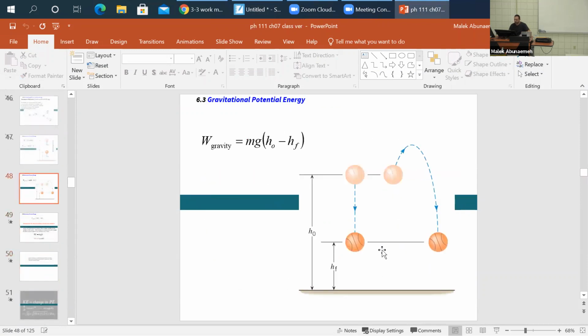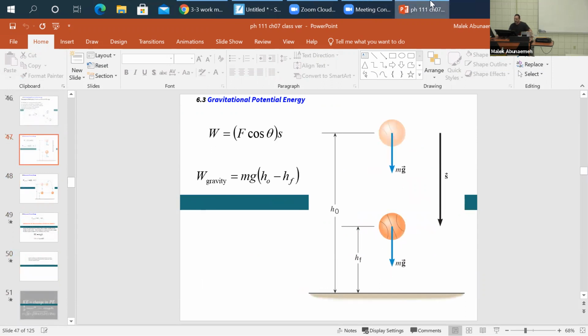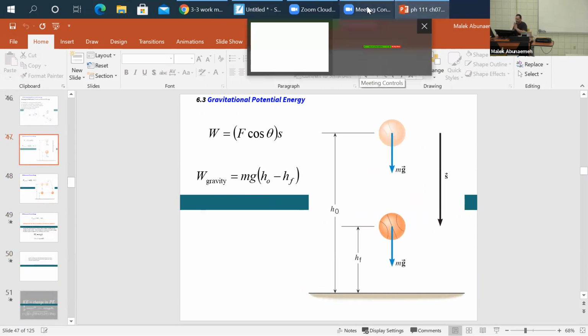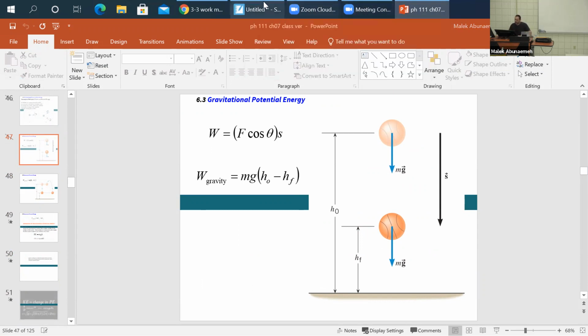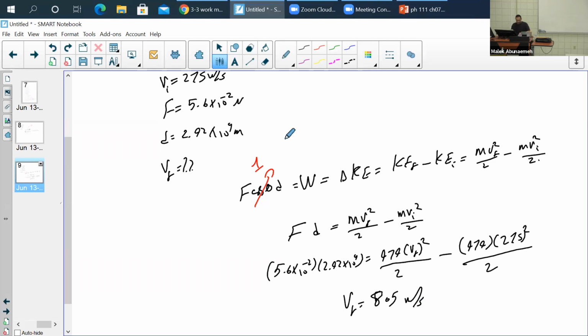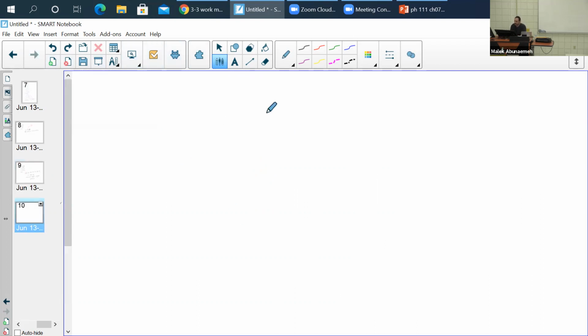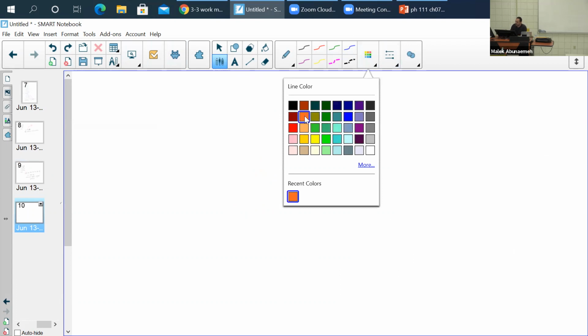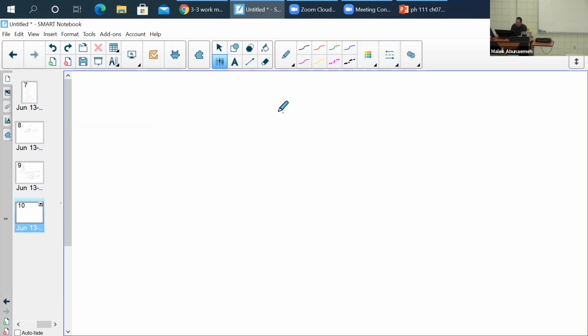Now, let's talk about potential energy. We mentioned potential energy, which is PE, which is the energy that is stored in there. So supposedly, let's say you have a basketball. Let's say you have this basketball right over here.